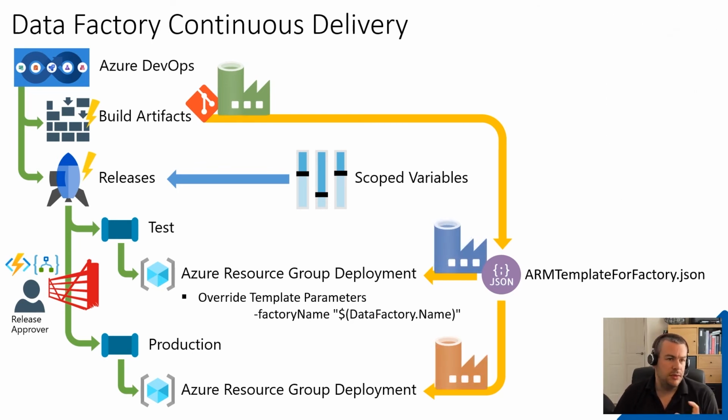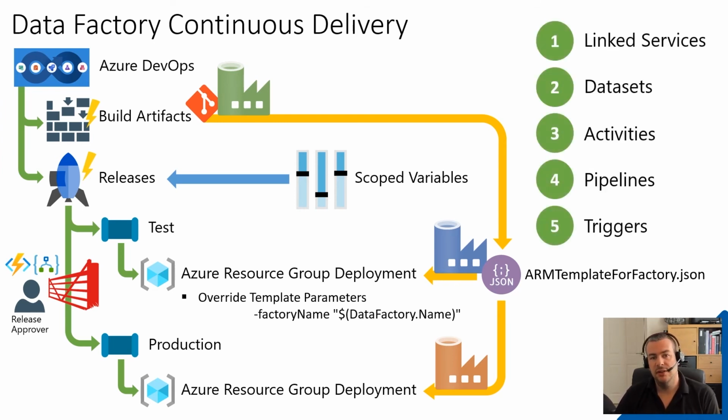But, and there is a fairly big but here, if we're doing that ARM template, that ARM template for factory as it's called, it's going to do a wholesale deployment of all 5 of those components that we have within our Data Factory. Now, we might not want to do that. We might want more of a granular deployment.